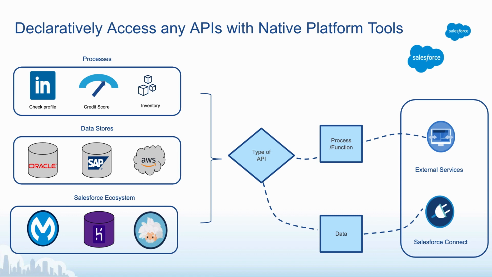And similarly, external service unlocks your external processes, such as when you want to check a user profile from the LinkedIn API, or you want to check the pricing of a car from a MuleSoft API. With external service, you can leverage these external API functionalities inside of Salesforce Flow Builder as if they're native functionalities hosted in Salesforce Core. How cool is that?